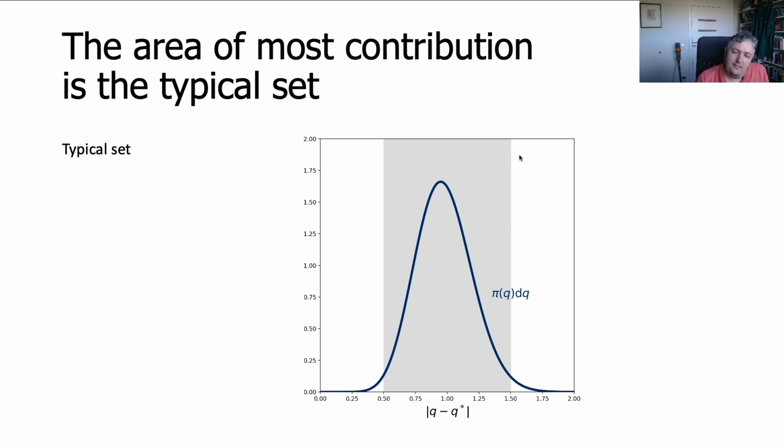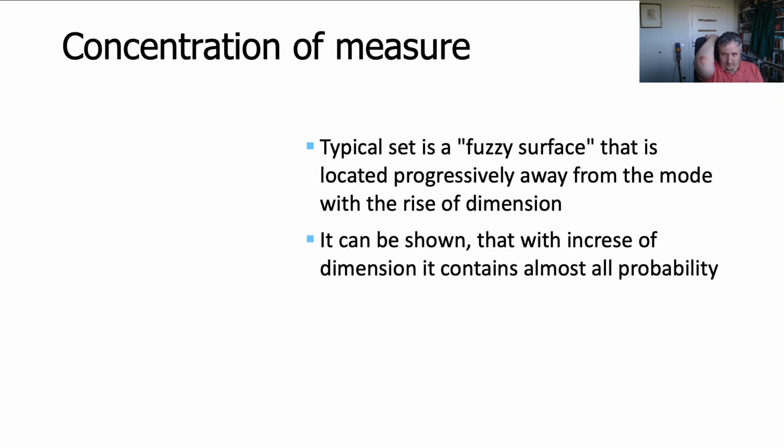So this area, where there is a compromise between the probability density function and the volume it covers, is called a typical set. The typical set is the set in the parameter space which contributes the most to the computation of the expected value. And this phenomenon is called concentration of measure, because our typical set is not really precisely defined.